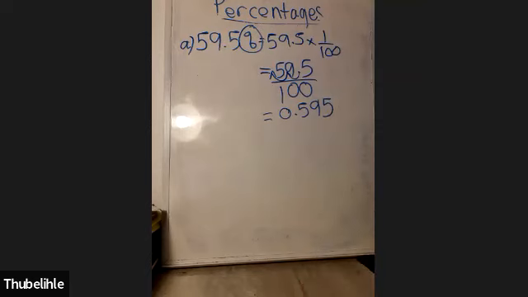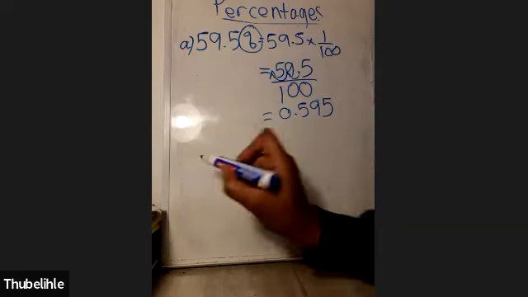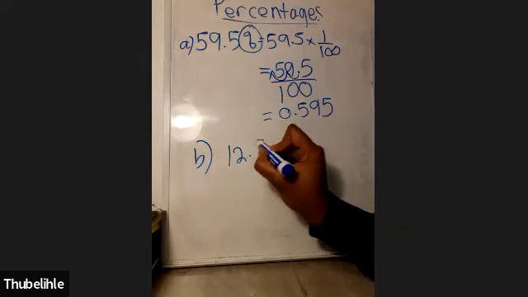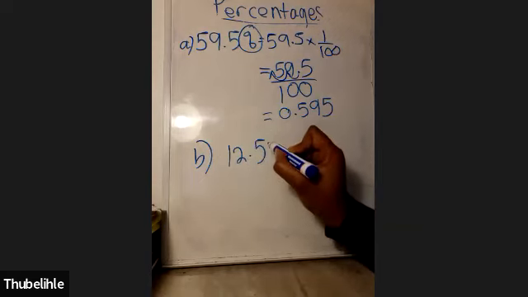Okay, who wants to try out B, to convert 12.5% into a decimal? Okay, I'll try it. So we're going to divide it by 100. Then we move two decimal places to the left, which will give us 125%.